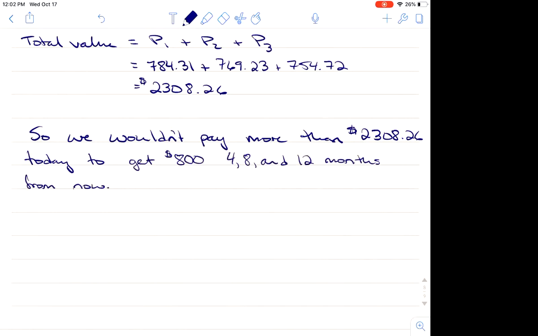Right, because if it costs more than 2,308.26, then you should just invest that amount and have it grow, and you can just withdraw money if that's a game you like to play. Right? Does that kind of make some sense? Again, tedious, but that's my jam. Yeah. Okay.